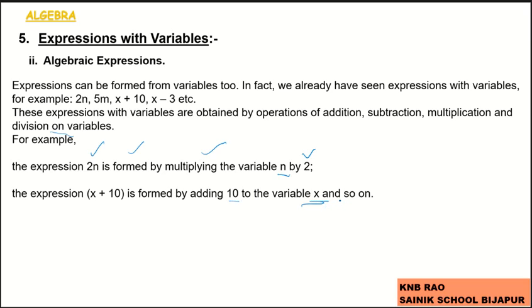So, these are examples for algebraic expressions. These algebraic expressions will have numbers and arithmetical operations, and along with them we can have variables. Now let us learn what is the meaning of algebraic expression.